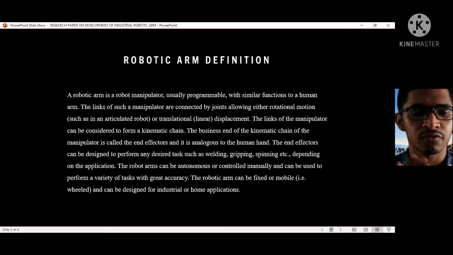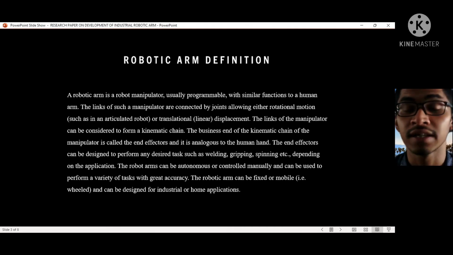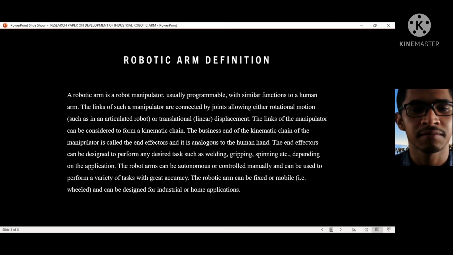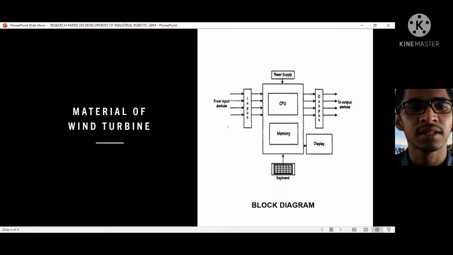So the function of a robotic arm is the same as a human arm, just that the robotic arm goes further with technologies than the human arm.